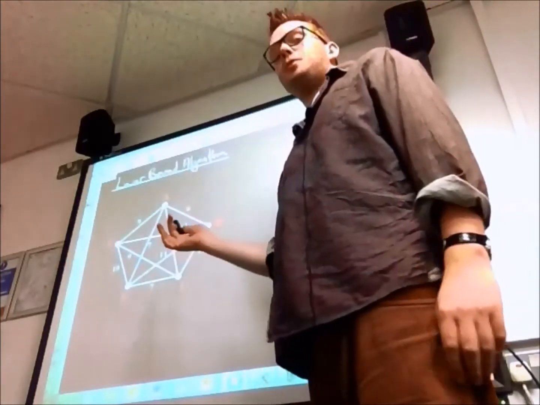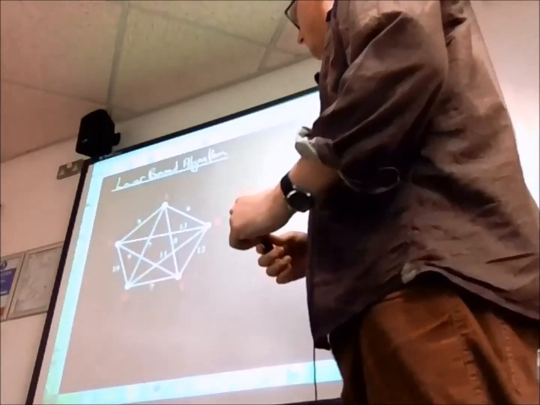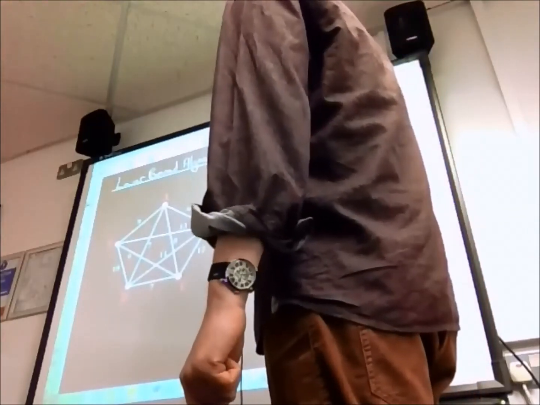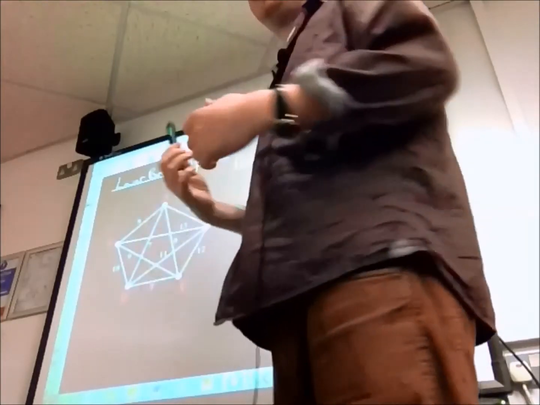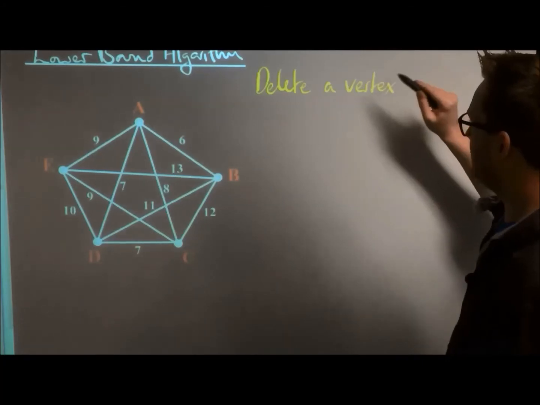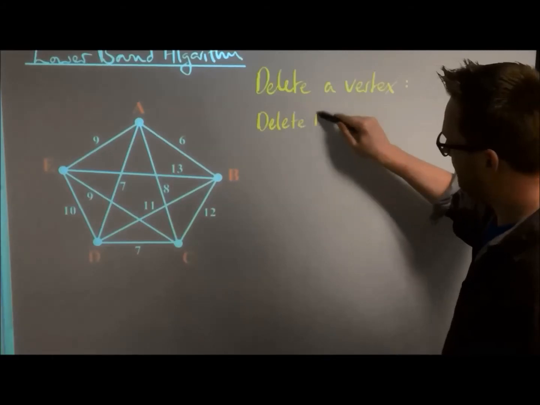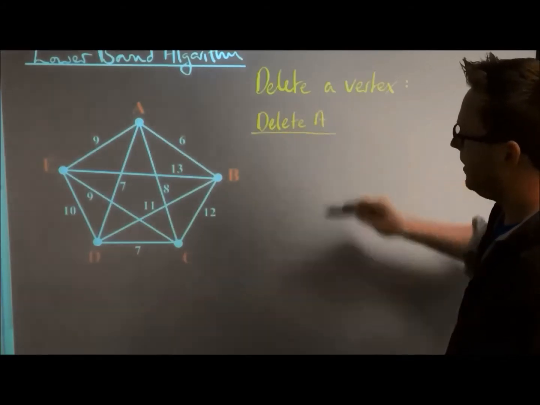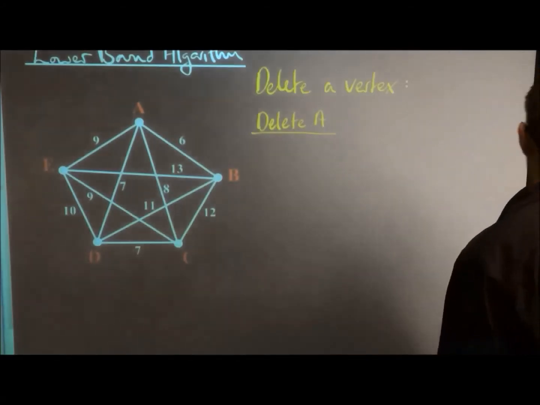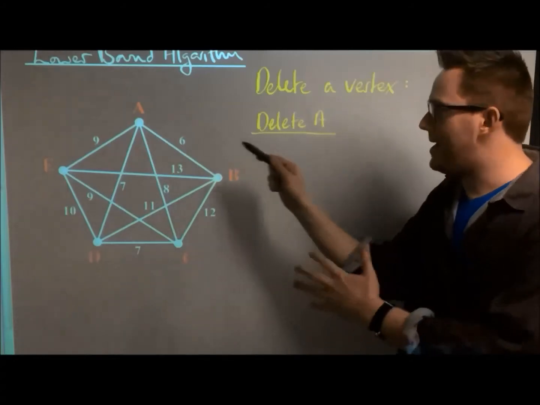So we're now going to talk about this lower bound algorithm, and the way this works is, firstly we're going to delete, or sometimes we say omit, a vertex, and we'll start by deleting A. And what you would want to do is draw out this network without A in it.